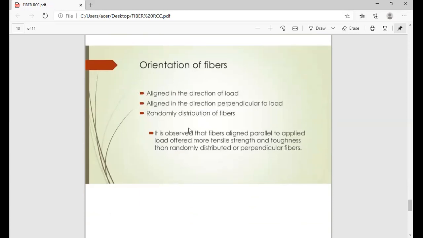We are talking about the orientation of fibers. The orientation of fibers can be done in the load direction, perpendicular to the load direction, and as a random distribution of fibers. It is observed that fibers aligned parallel to the applied load offer more tensile strength and toughness than randomly distributed or perpendicular fibers. So the best orientation of fibers is the one that is parallel to the load.